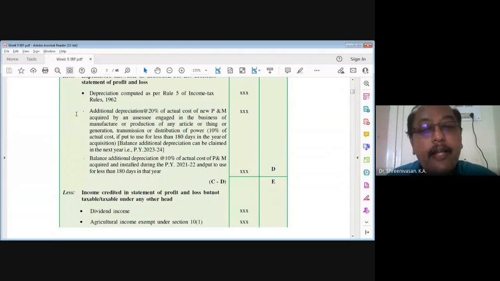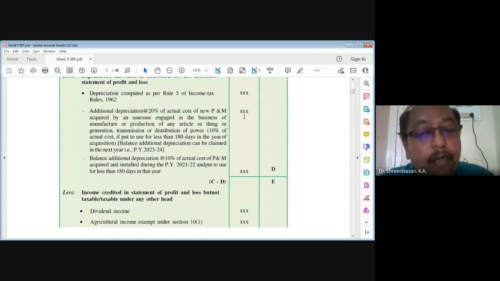And any additional depreciation: 20% of the actual cost of new plant and machinery acquired by an assessee engaged in the business of manufacture or production of any article or thing, or generation, transmission or distribution of power.